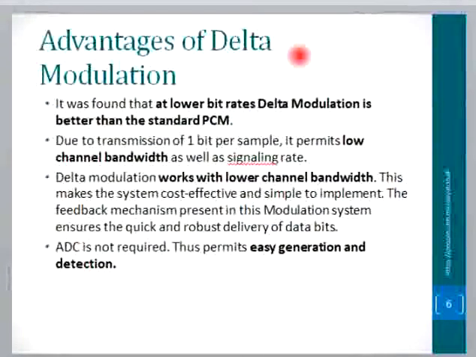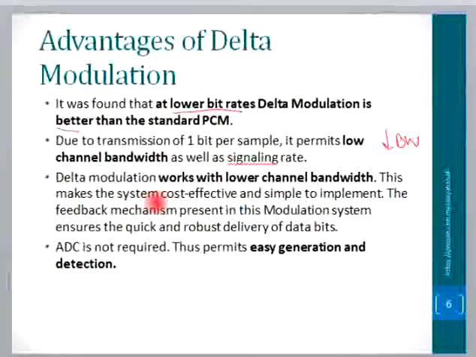So the advantage of delta modulation: it was found that at lower bit rates, delta modulation is better than standard PCM. At lower bit rate, due to transmission of 1 bit per sample, it permits low channel bandwidth. So it has low bandwidth, and delta modulation works with lower channel bandwidth.